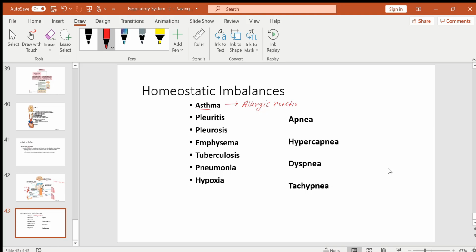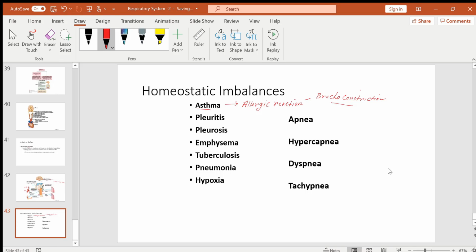Asthma is an allergic reaction in which bronchoconstriction occurs. Okay, so the bronchioles, the bronchial tree, you remember that, the small bronchioles constrict, so the air will not be able to pass through the bronchioles. So the person will have difficulty in inhaling or exhaling the air.